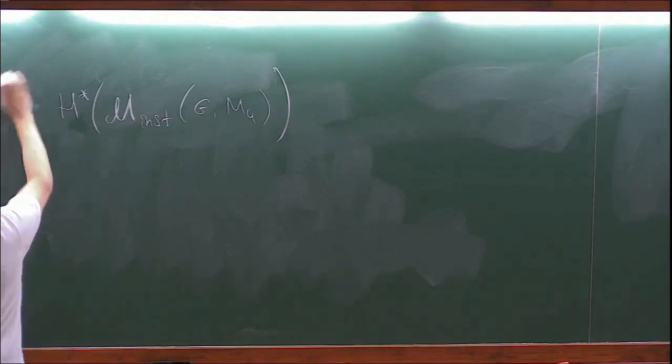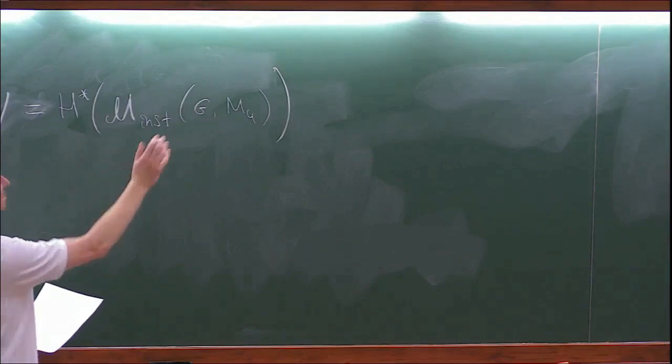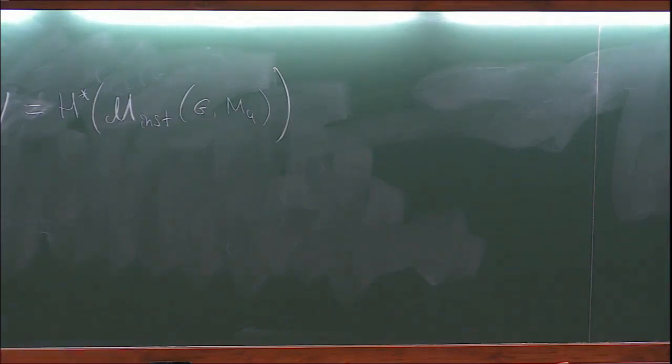So let me denote the space by V. So this is going to be some vector space V, and if I have arbitrary instanton number, it's humongous. It's an infinite dimensional space, and I can ask what kind of algebraic structure is acting on the space? That's a reasonable question. Mathematicians, in fact, have asked this question.